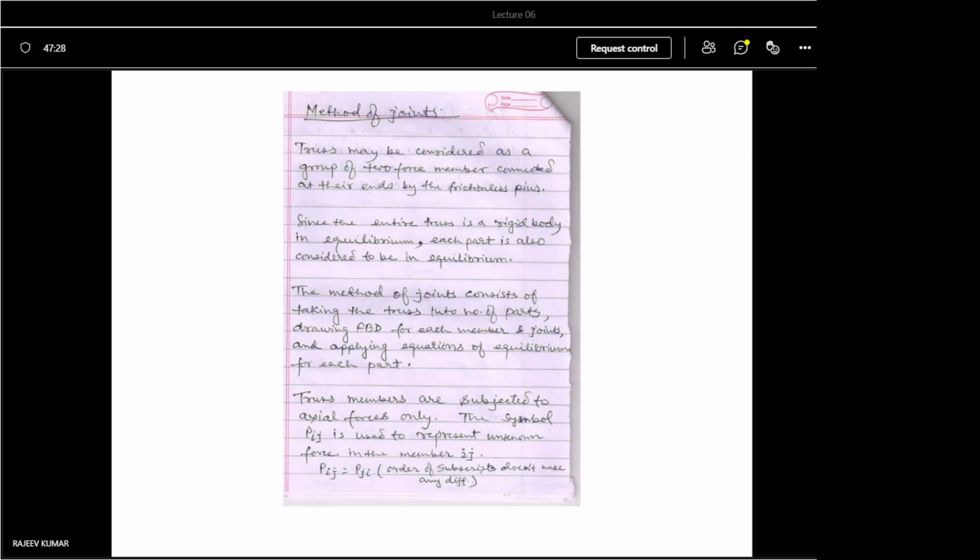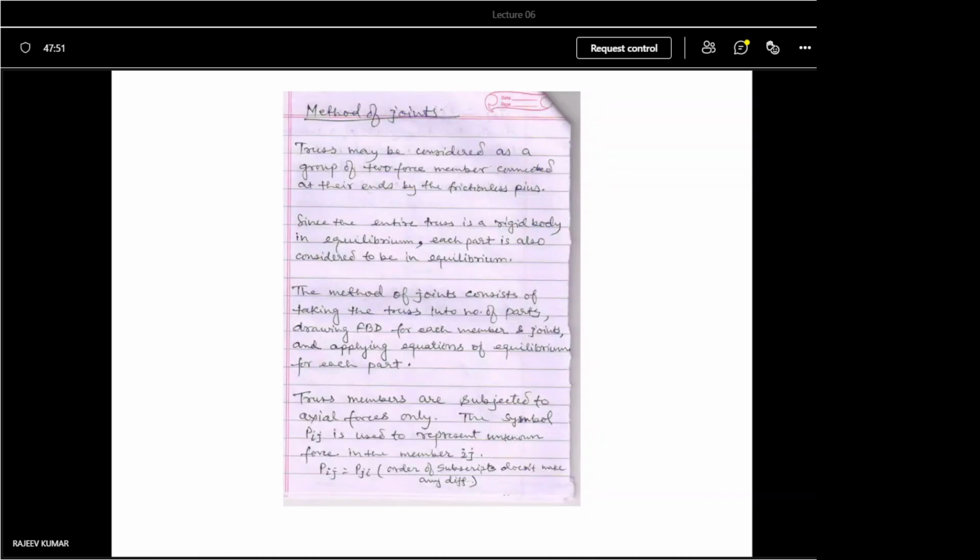So a truss may be considered as a group of two force members connected at their ends by frictionless pins. To find the forces in the members, there are two methods: method of joints and method of sections.